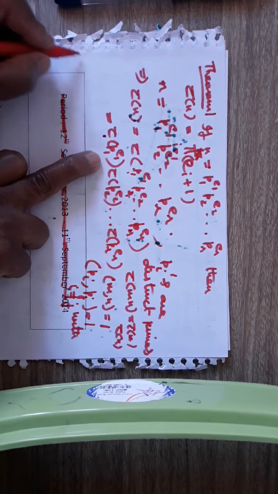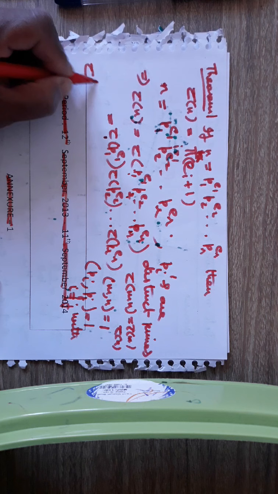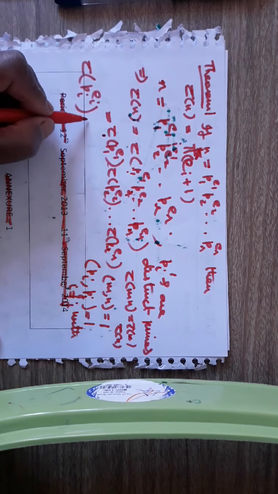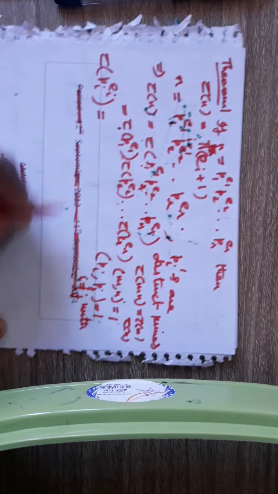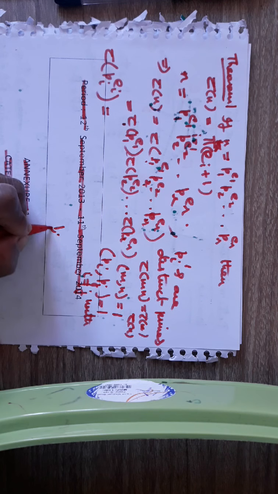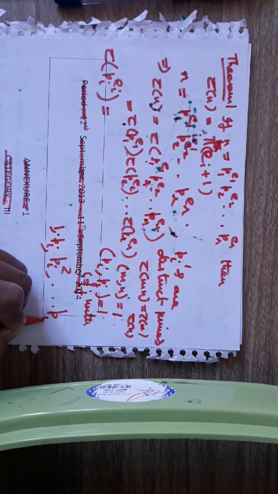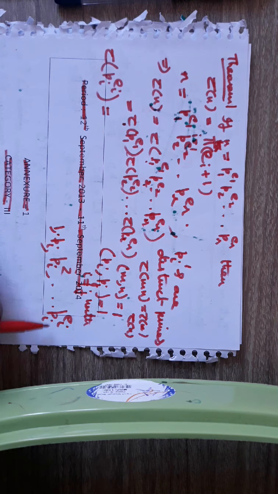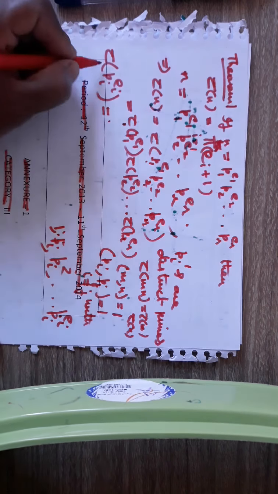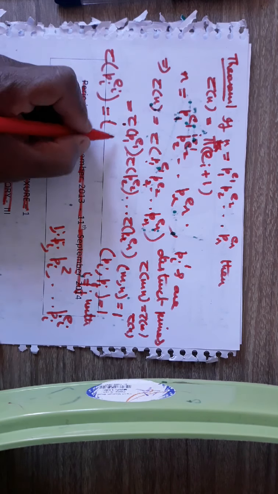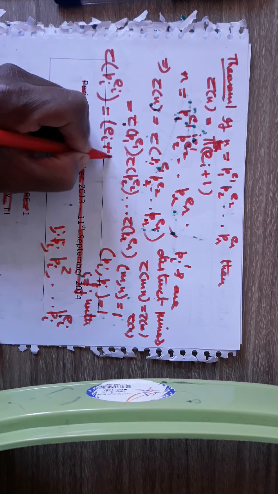As we know, tau of pi to the power ei in general, where i varies from 1 to r, is equal to the number of divisors of pi to the power ei. What are the divisors? They are 1, pi, pi square, up to pi to the power ei. From here to here there are ei plus 1 terms. So tau of pi to the power ei is ei plus 1.